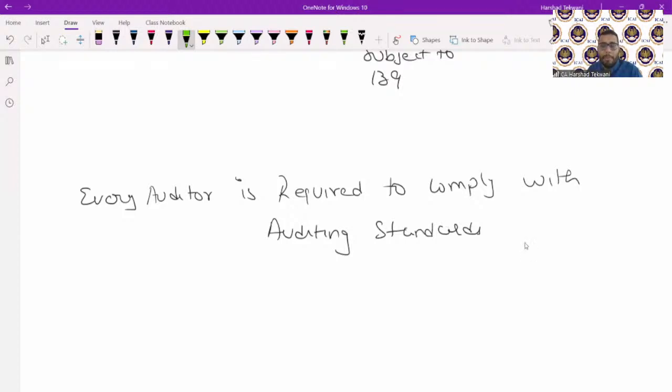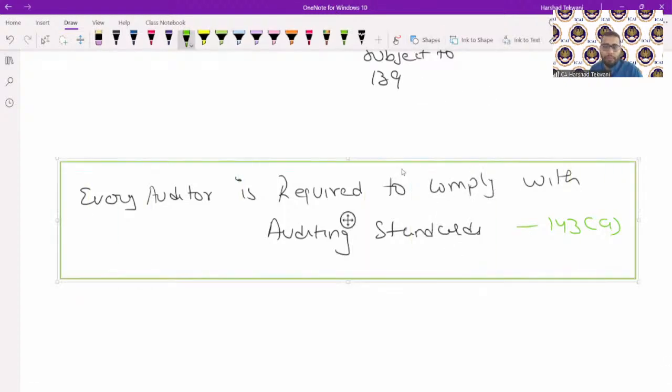The Companies Act says that every auditor is required to comply with the auditing standards. Very important. And we do. There is no exception to it.